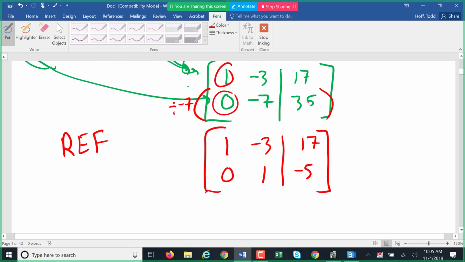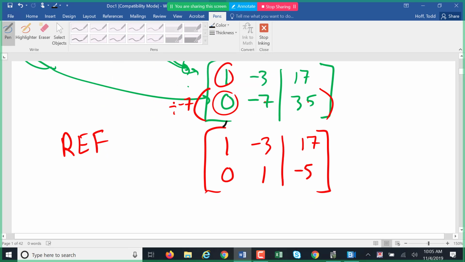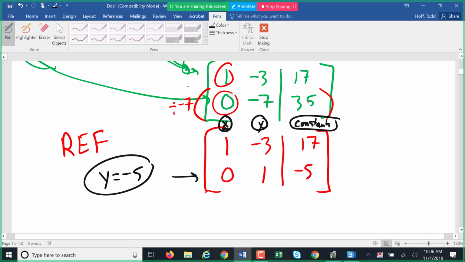What does it mean? Well, remember, this column here was the x coefficients. This column here was the y coefficients. This column here after the augmentation was the constants. So what this bottom row is telling us is that y equals -5.